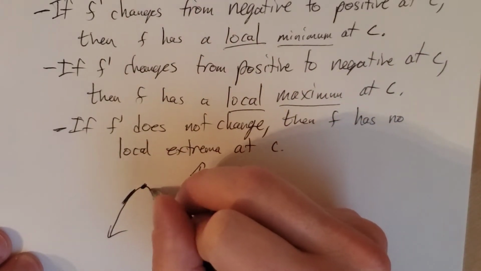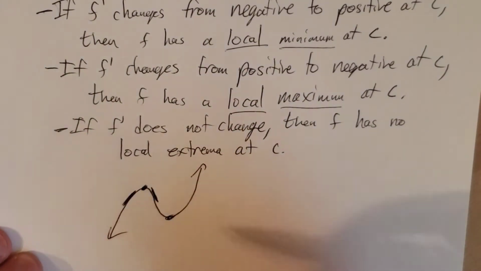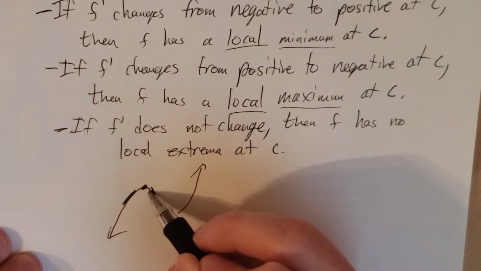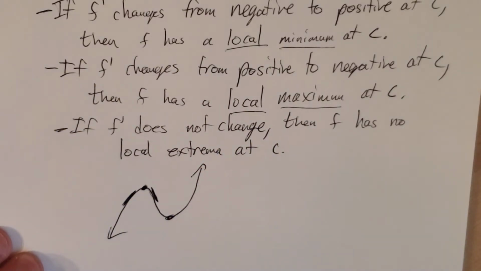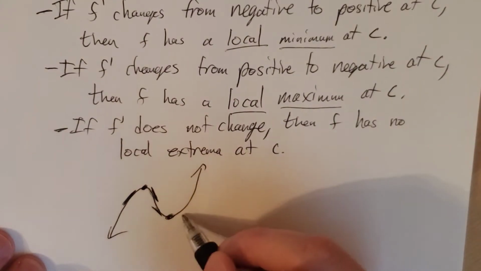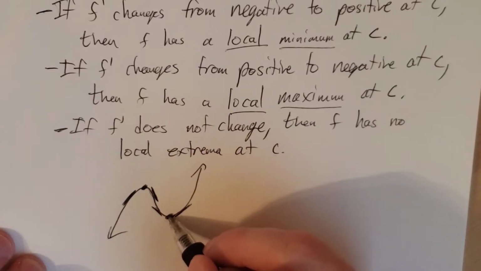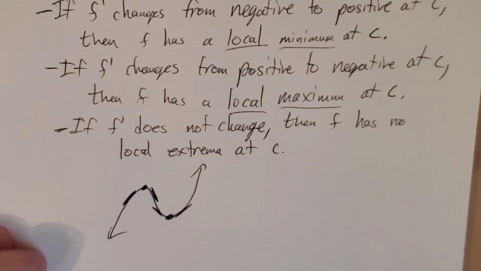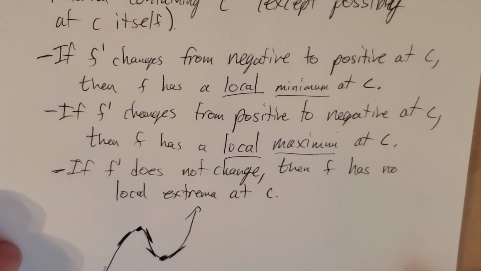To the right, our derivative is negative, the function is decreasing. And notice we go from increasing to decreasing. We have a local maximum here. If at this point we go from decreasing to increasing, then our function has a local minimum. And that's what these first two statements say.